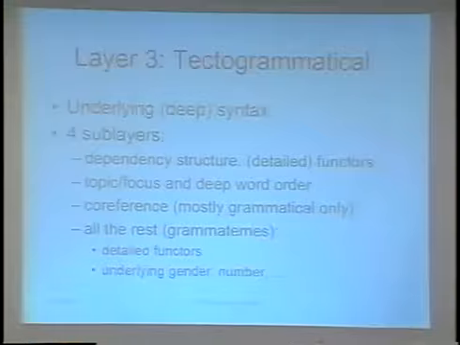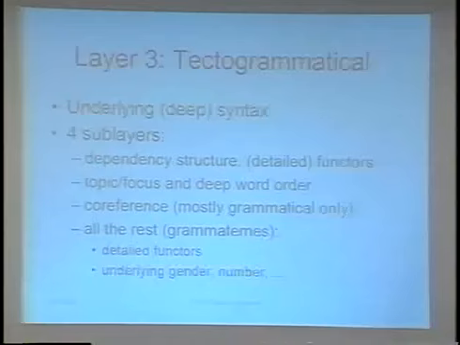So again, I don't want to go into details for the surface syntax, just for you to get an idea when I will be comparing the surface syntax trees with the tectogrammatical trees. The tectogrammatical layer has actually 4 sublayers. I mean, this division has nothing to do with the theory. It's just a division so that we can talk about it and we can annotate it. In fact, we also have 4 annotation teams, and each of them does one of the levels of the annotation.